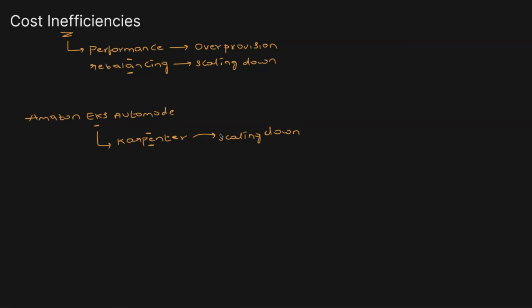you don't have to do anything with respect to rebalancing the cluster. Apart from this, Karpenter attempts to launch lowest cost EC2 instances that satisfy your application requirements. So not only reducing the cost by scaling down the instances, but it also identifies low cost EC2 instances, which is an additional advantage when it comes to cost management.